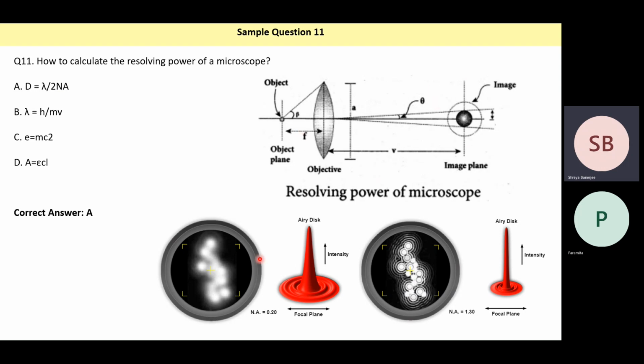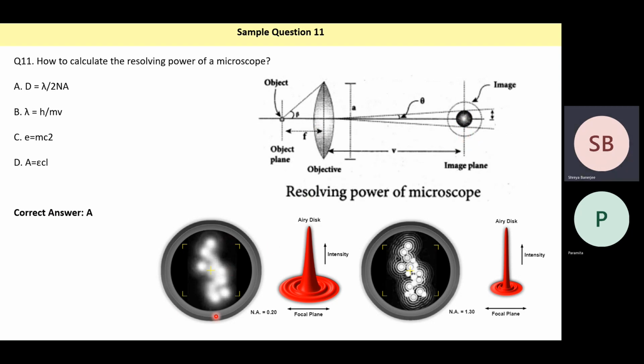If this is your object and this inner circle is the image formed, then the resolving power is the ability of the microscope to distinguish between this image and an image very near it.